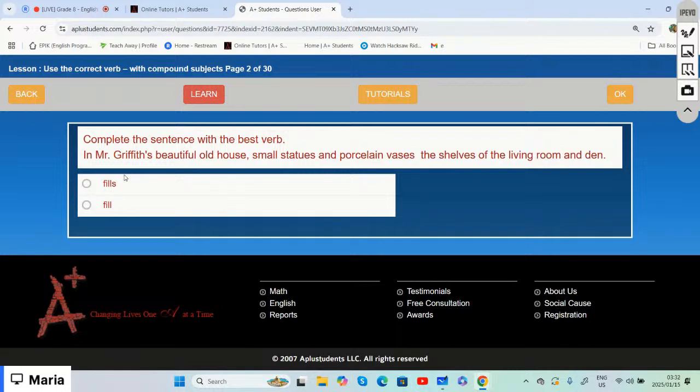Do we say fill or fills? So fills the shelves in the living room and den, or fill the shelves of the living room and den.